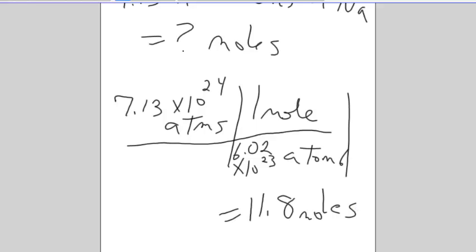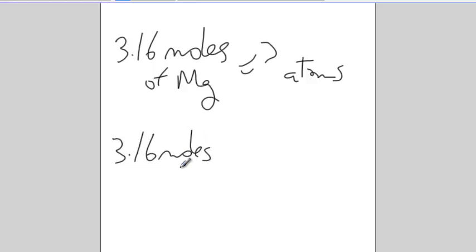Of course, I can do this the other way. I can say if I have 3.16 moles of magnesium, how many atoms of magnesium do I have? Now I just do it the other way. 3.16 moles of magnesium.